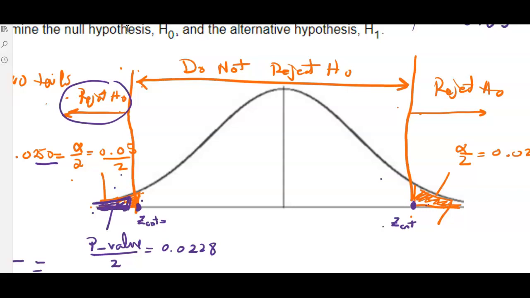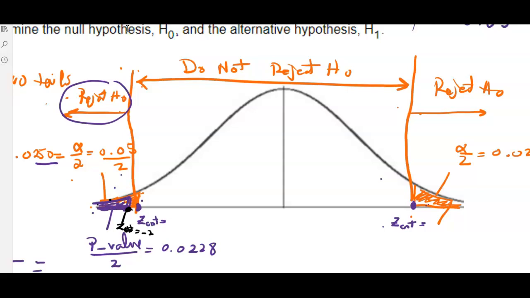And those are the values that you are looking for. Now, the value that we get according to the p-value is where the blue ends, and this is going to be the z stat. And this is -2, we know it already.